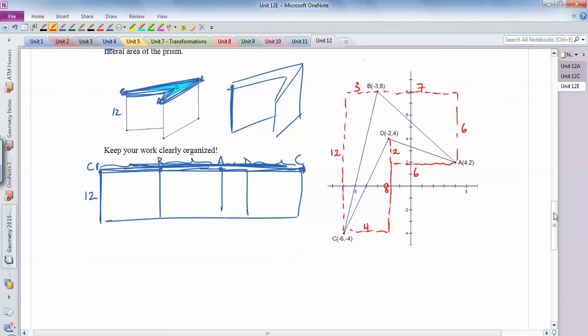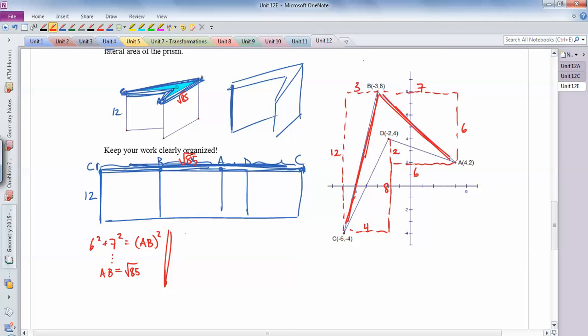So let's do AB first right here. So 6 squared plus 7 squared is going to be AB squared. So then if you work that out, you'll get AB is root 85. So that's this part on the diagram, root 85. And then let's do BC.